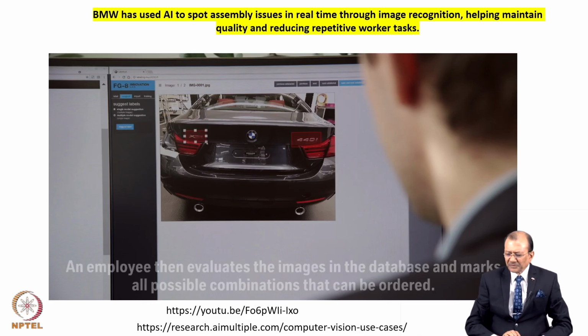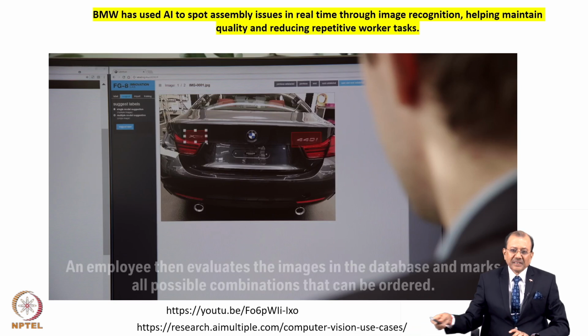So you have seen AI technology in action, detecting faults, verifying whether what workers are doing is correct or wrong. If there is any defect in the spare parts, it is visualized by the camera and then diagnosed by the software.